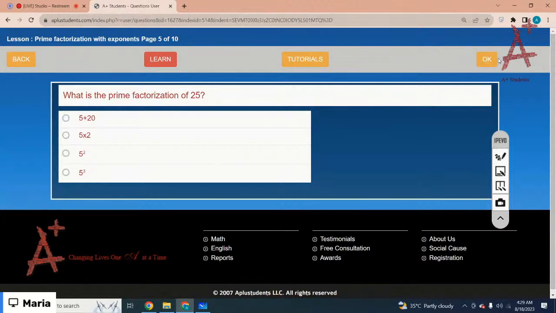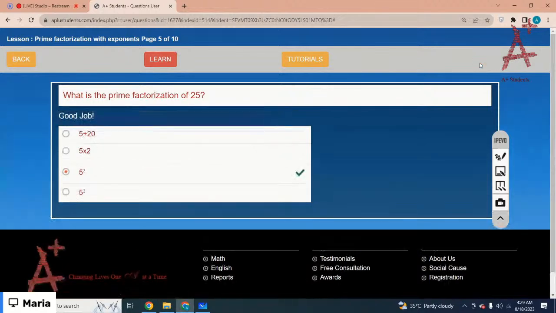The correct option is 5 times 5, right? And you can write 5 times 5 as 5 square. So it could be 5 square because you can write 5 times 5 as 5 square. The correct option is 5 square.